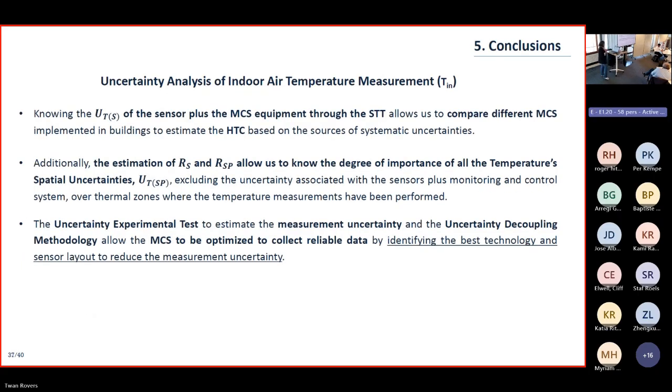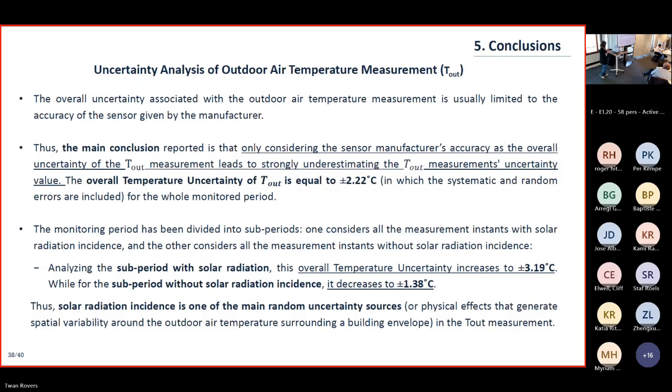And it's important to know that the sensor weight and the random weight allow us to know the degree of importance of the temperature spatial uncertainty. And finally, the outdoor air temperature gives us the same results.